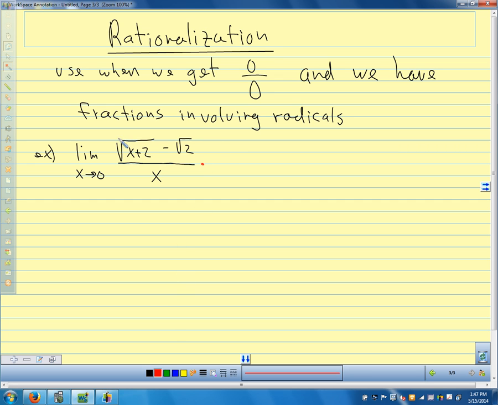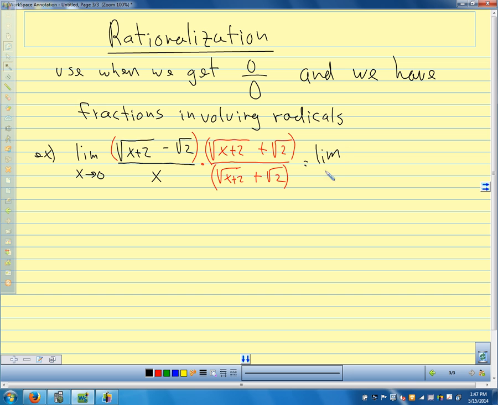So let's multiply by our conjugate. I'm going to put parentheses there so I remember to multiply correctly. The square root of x plus 2 plus the square root of 2. And we're going to multiply the denominator by the square root of x plus 2 plus the square root of 2. So that's our conjugate. And we put the parentheses here as well. Then we do our multiplication.